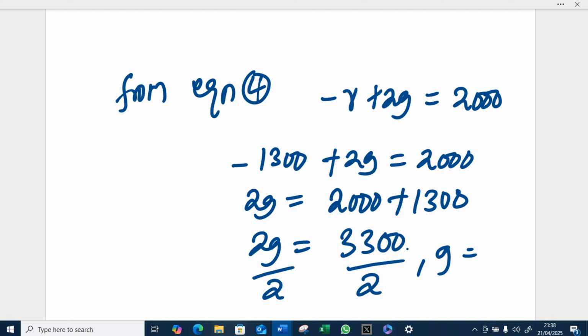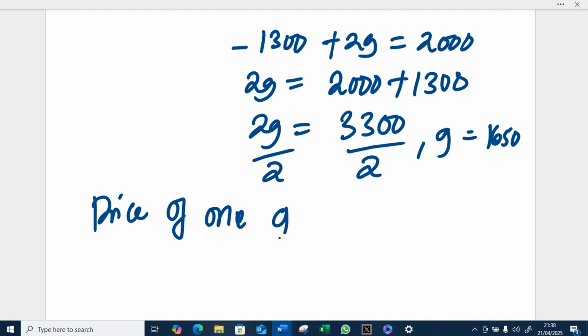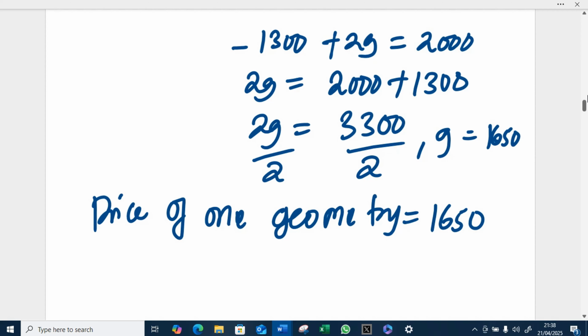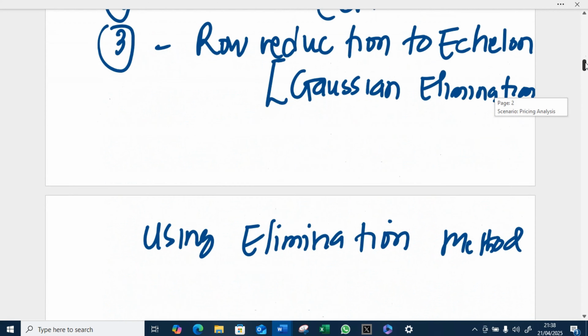So g is going to be 1,650 Ugandan shillings. So the price of one geometry set has been obtained as 1,650 shillings.